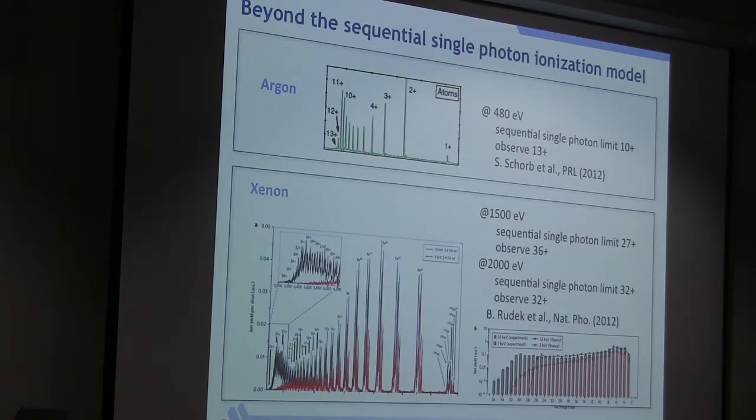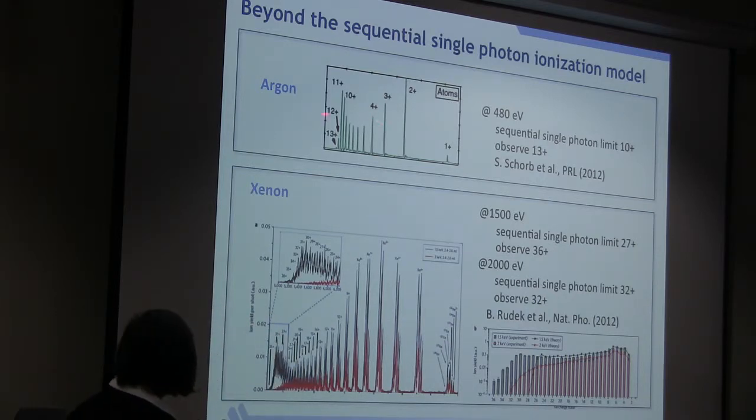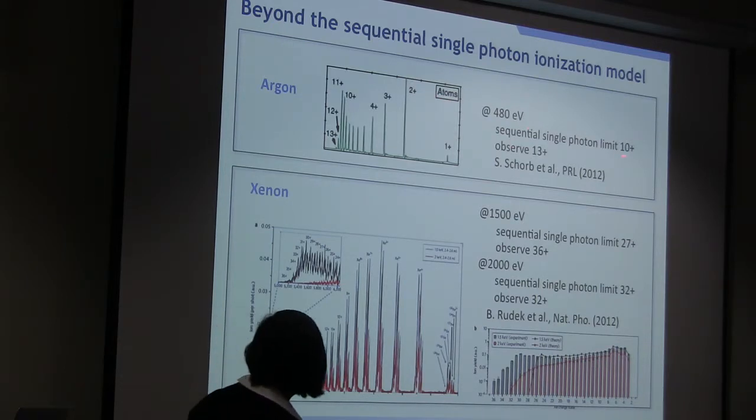It turns out that the initial model was that you're sort of in a saturation mode. You're going to ionize all the way up to where you can do 1 photon ionization, then you're going to quit. And that's your end charge state if you have enough fluence. But when you take a look at these more complex atoms, that's not exactly what happened. So at Argonne, at 480 eV, the sequential single photon limit was 10+, but they observed 13+.